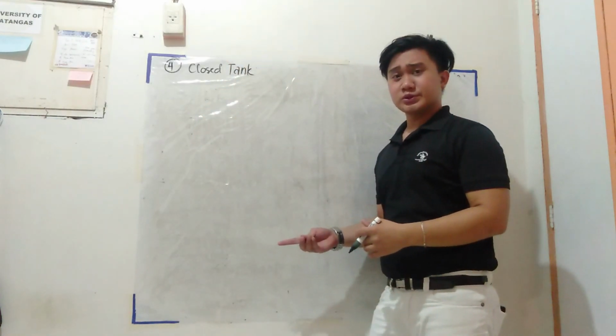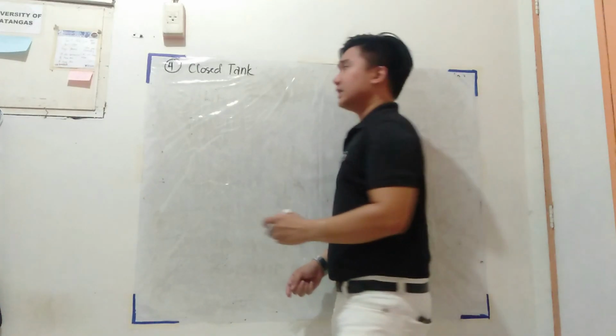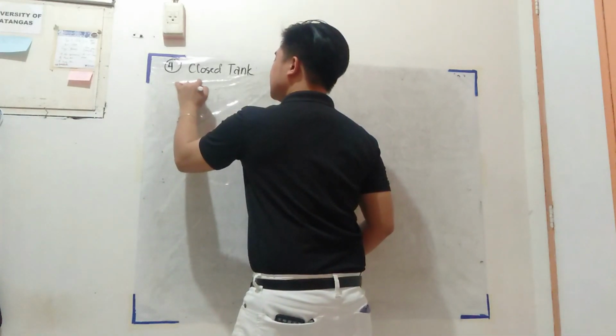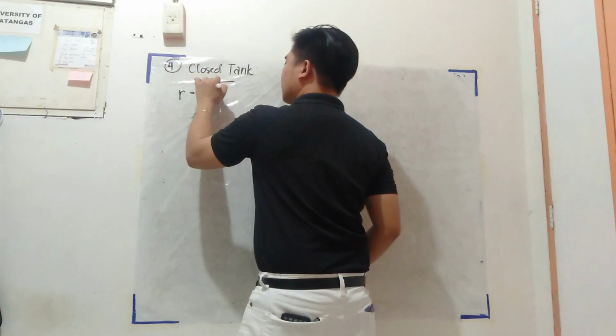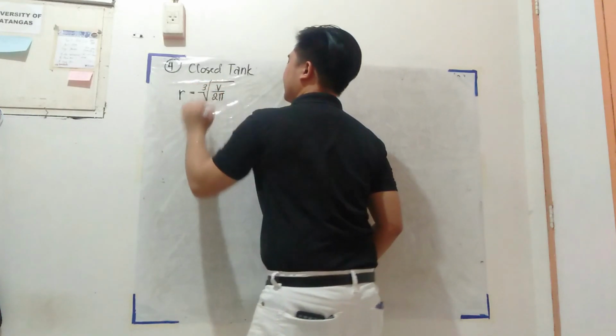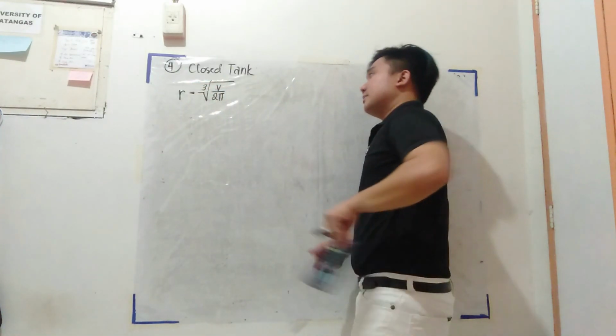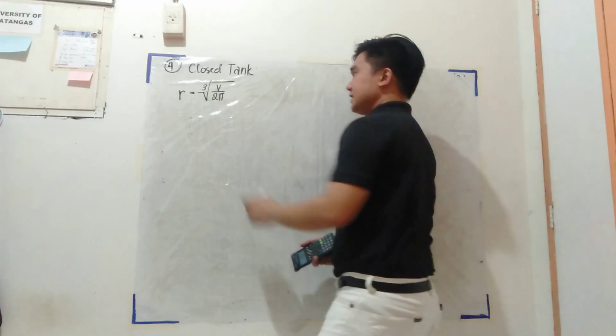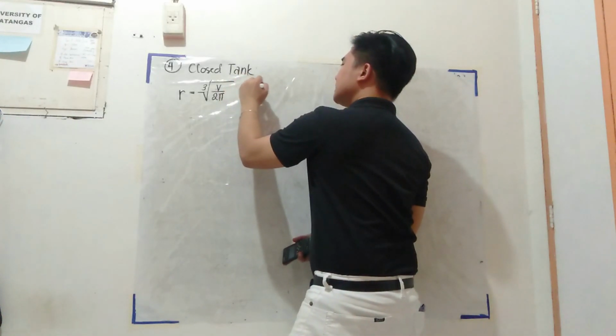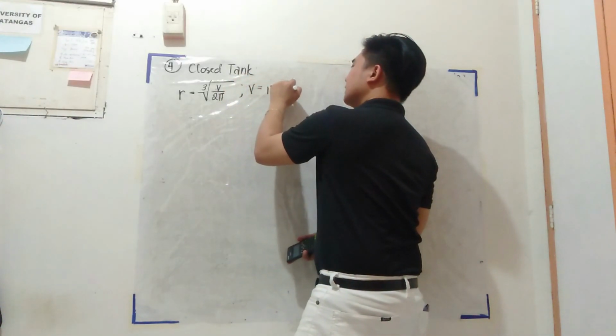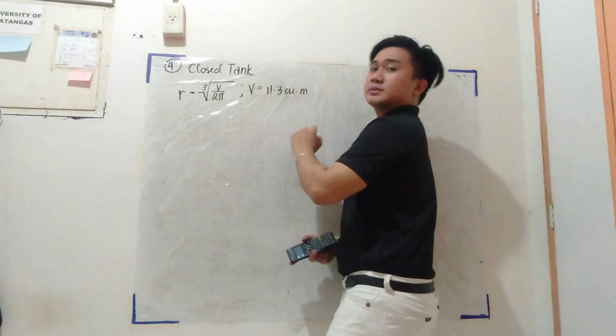Alam, ulitin ko pa yung solution. Siyempre, be practical na lang, guys. R is equal to cube root of V over 2 pi. Okay? Binigyan ba tayo ng volume? Yes, may binigay pong volume which is 11.3 cubic meters.